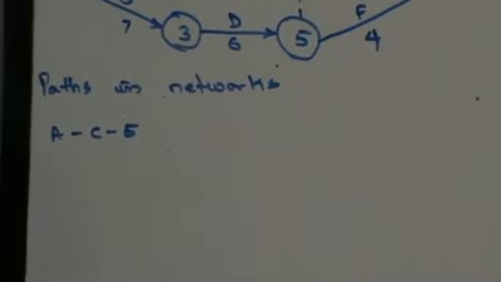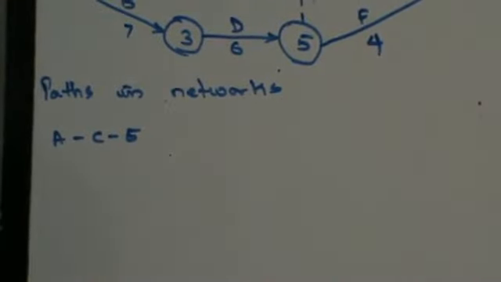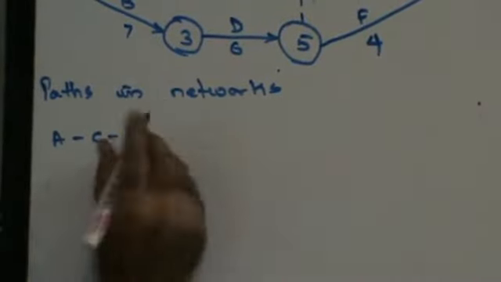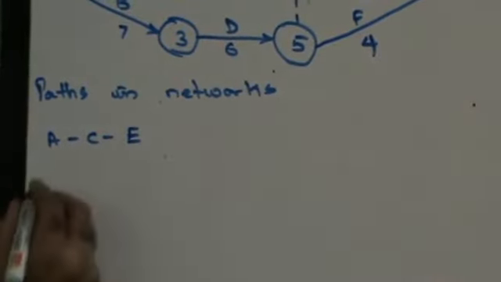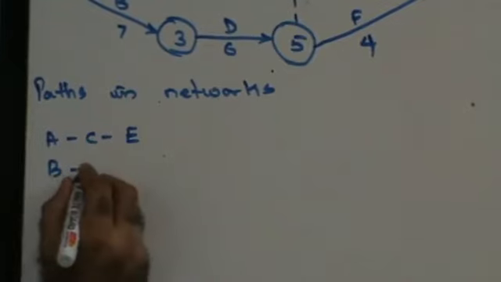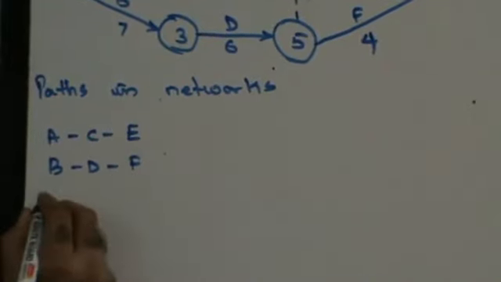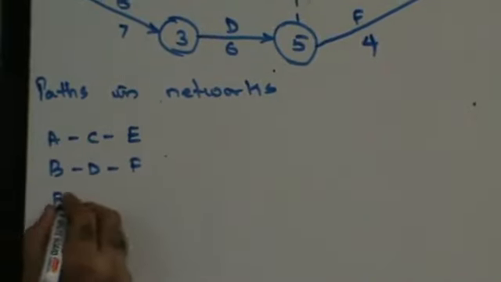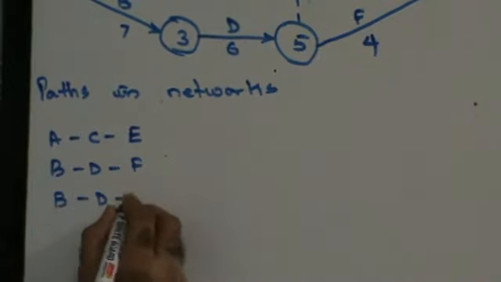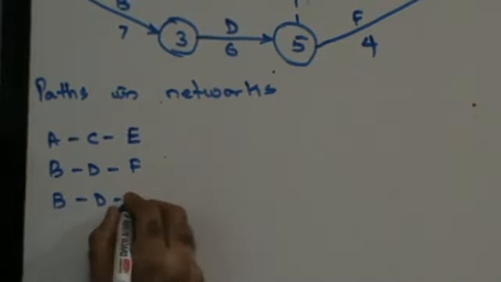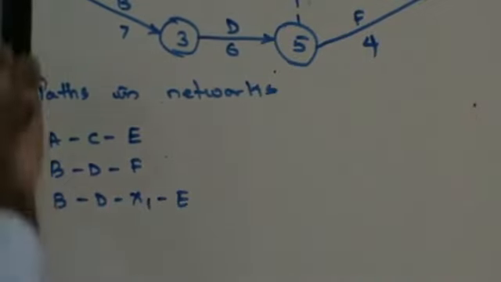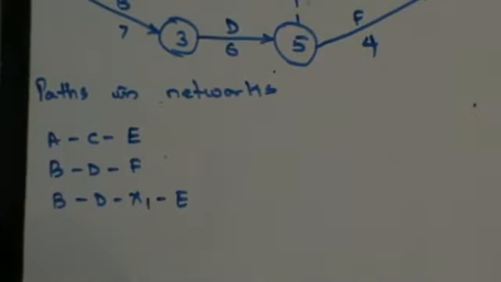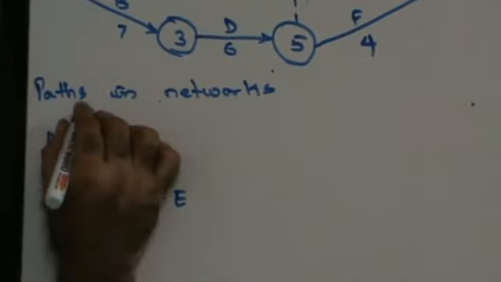Because I want C and D combined to give me E. One path is ACE. The other path is BDF. The other path is BDX1E. These are the various paths I have for going from 1 to 6.